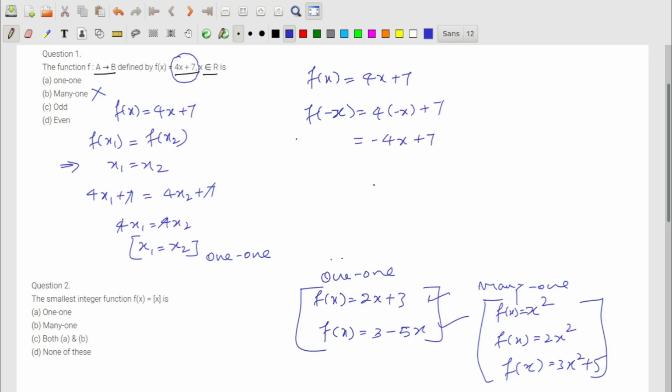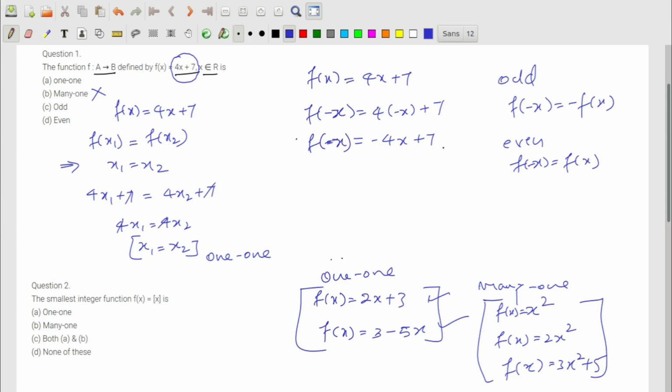So here, what was the condition for odd and even? For odd, it was f of minus x is equal to minus of f of x, and for even, it was f of minus x is equal to f of x, right? So here we got f of minus x is equal to minus 4x plus 7, right?